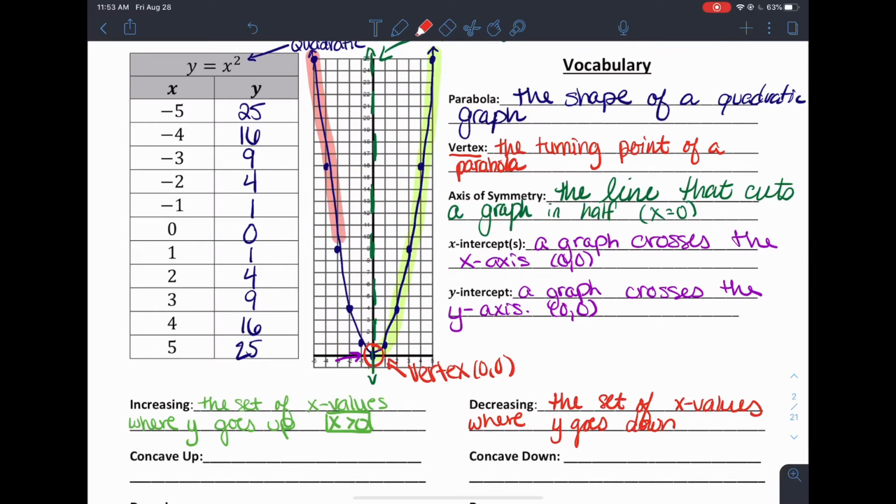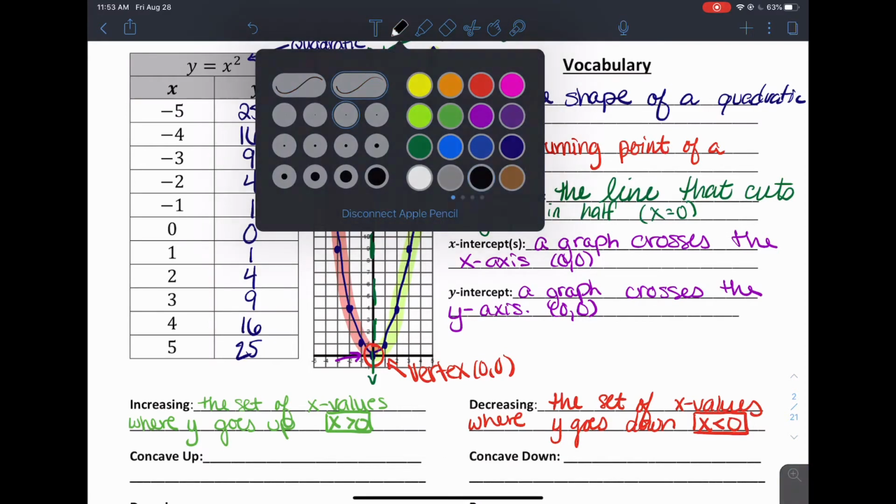Over on the left side of this parabola. So what numbers are those? That's when x is less than 0, because it's to the left of 0. Kind of think of it as like that axis of symmetry is dividing the graph in half. Which half of the graph is it? All right.